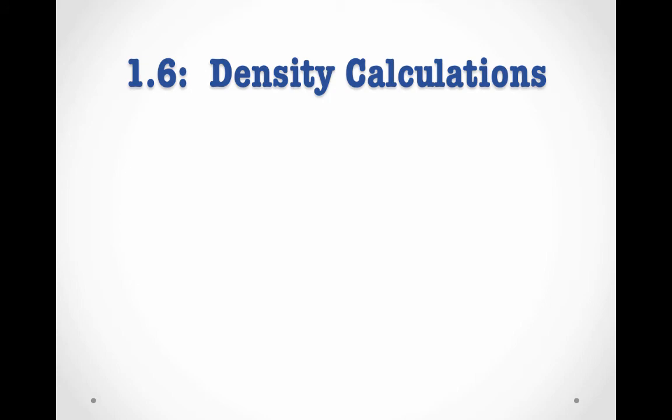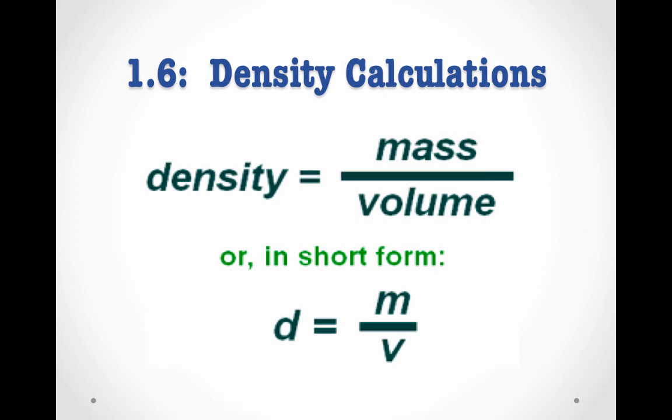Let's turn now to a quantitative approach to density, where we calculate density of substances. As you may know, the equation for density is density equals mass over volume. Again, density is a ratio, as indicated by our division sign, between mass and volume. We can abbreviate this as D equals M over V.